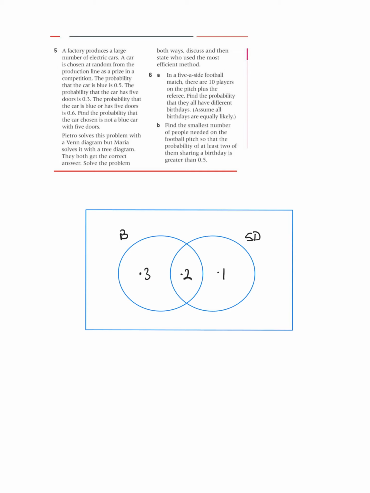All right, from there, now let's shade in the area that the car chosen is not a blue car with 5 doors. Well, if it's not a blue car with 5 doors, it's everything but the middle. So let's shade that in.